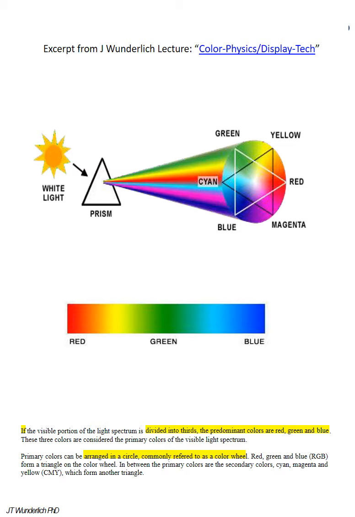Again, we're looking at the visible range of wavelengths that we see of the electromagnetic spectrum, and it's broken down into primarily a red, green, and blue range. There's a color wheel that we use in both technology and in art and architecture, and you can see how that lends itself to RGB values in a second.